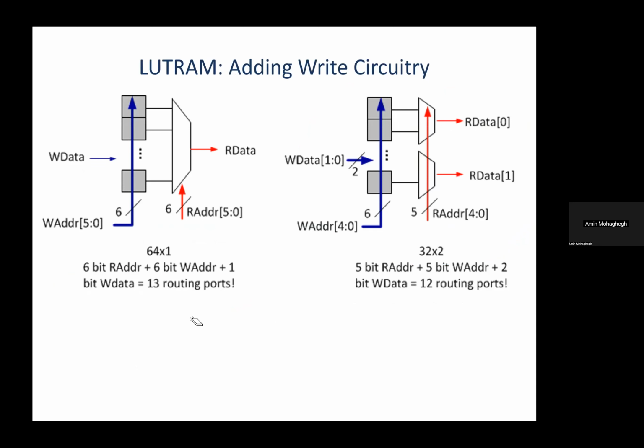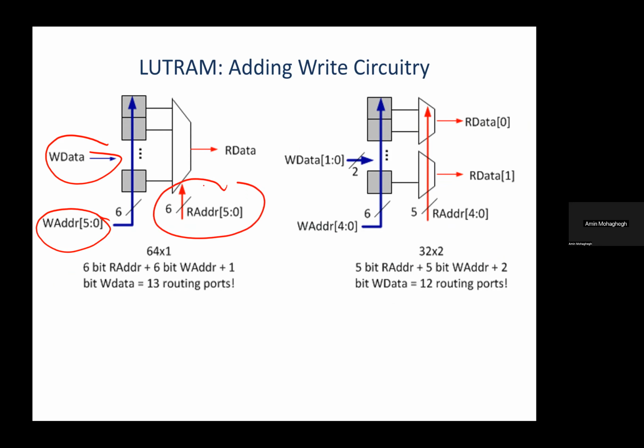So what do I need to do to add a write path? I need an address for which word I'm trying to write. For a 6 LUT, that's 6 bits. I also need a data bit: what am I actually trying to write into it? So that's 7 bits.